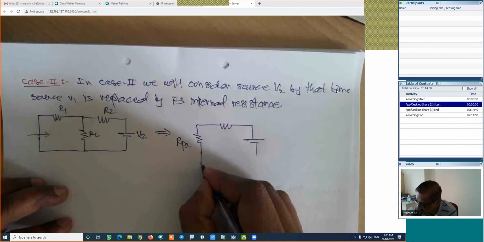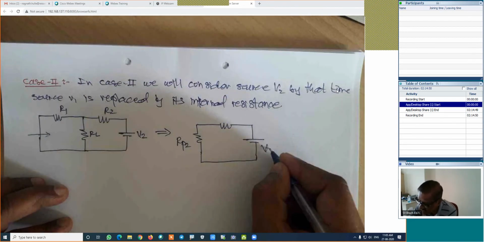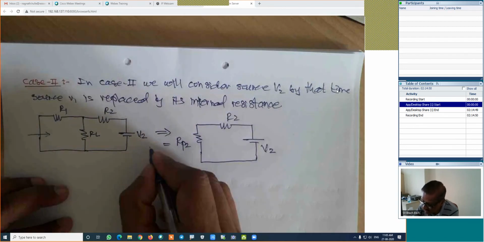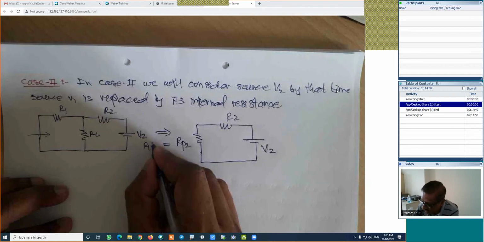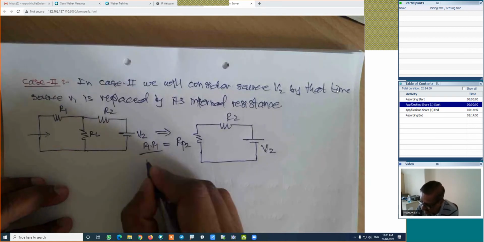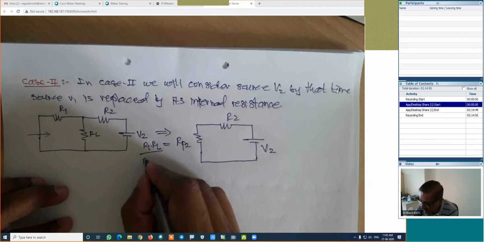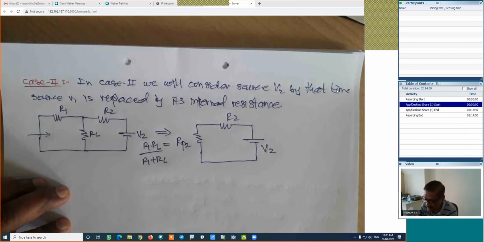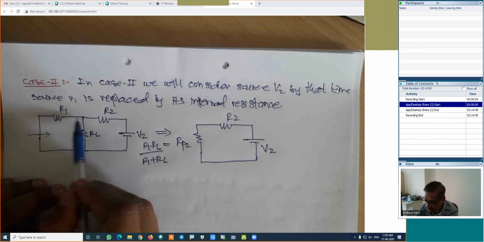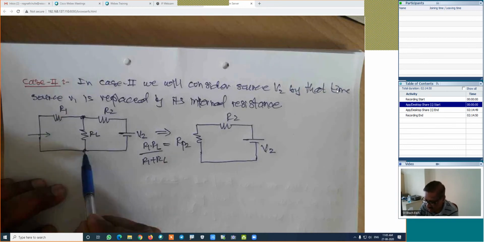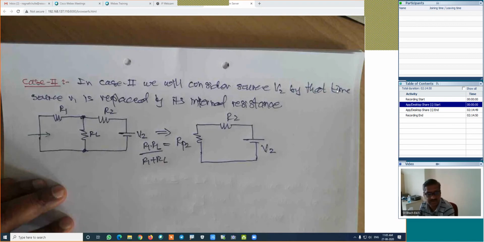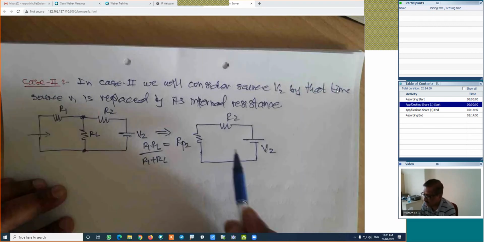This source is V2, this is R2, and this RP2 is nothing but R1 into RL divided by R1 plus RL. These two are parallel. Look, the starting point is connected together, the ending point is connected together. There is nothing in between. That's why these two are in parallel combination. This RP2 is the value.